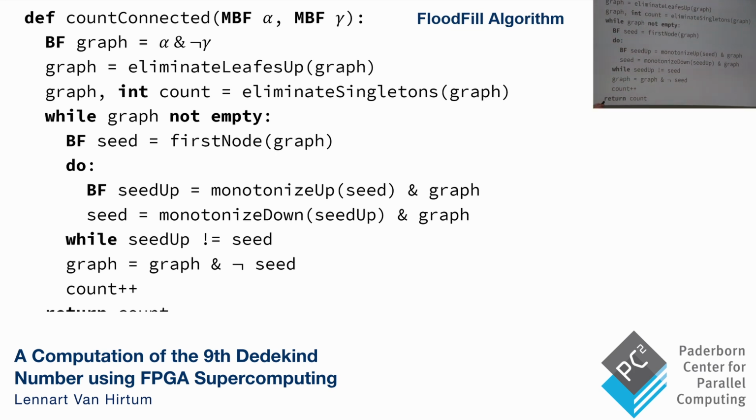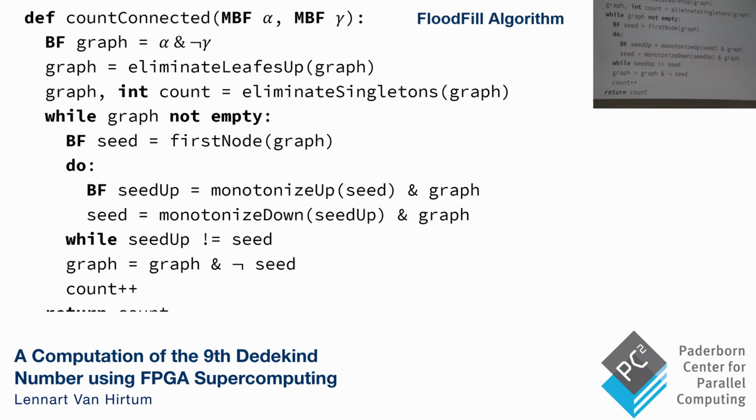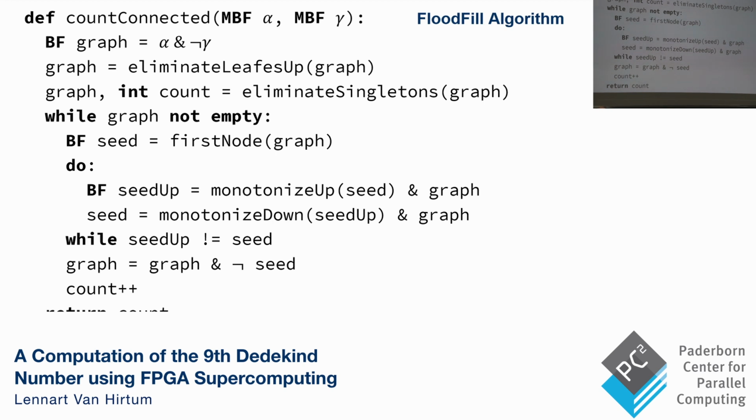This is explore up, this is explore down. And if we can still explore, we keep exploring. If we cannot explore anymore, if no new nodes are being detected, we stop, we remove our seed from the graph, add 1 to the count, and go back. And once we're done, we return the count.